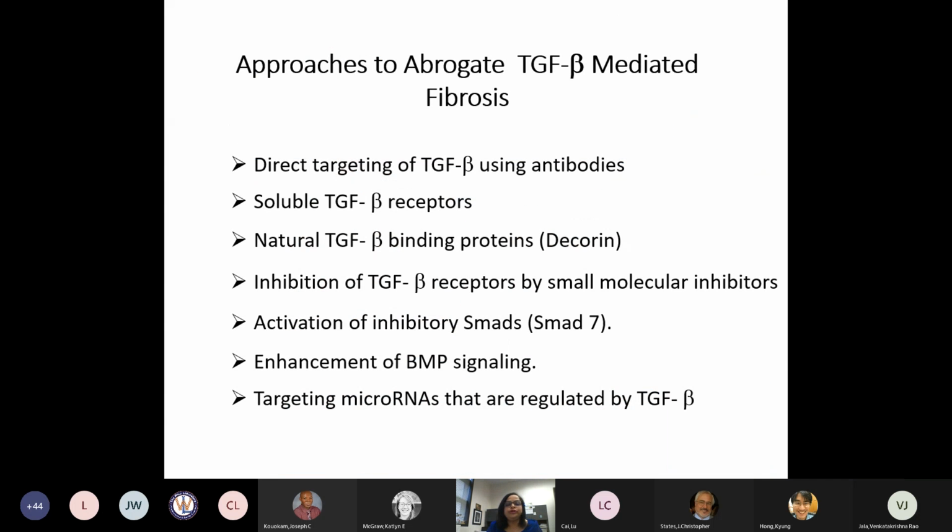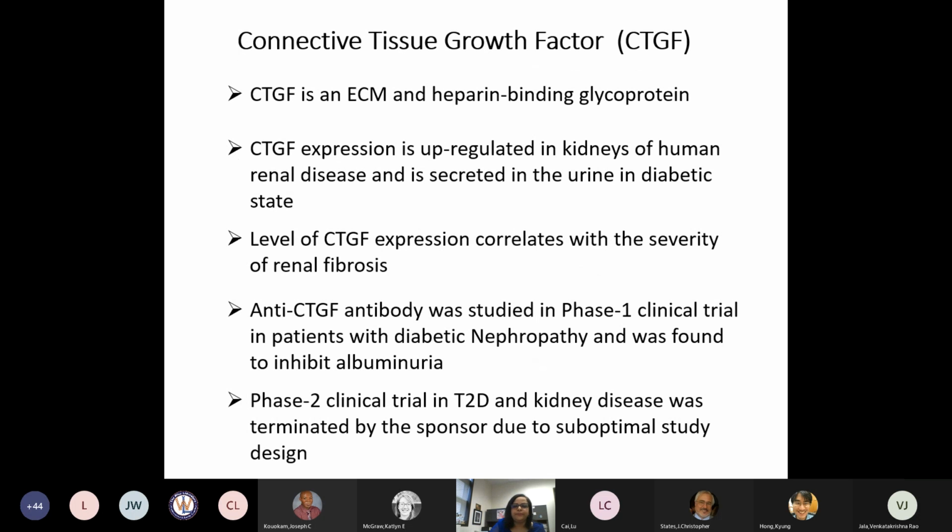A number of approaches have been taken to abrogate TGF-beta mediated fibrosis. However, it is important to remember that along with being a pro-fibrotic factor, TGF-beta is also an anti-inflammatory factor. Therefore, complete blockade of TGF-beta mediated signaling can have serious consequences on the immune system, and therefore it is not a desirable target for intervention.